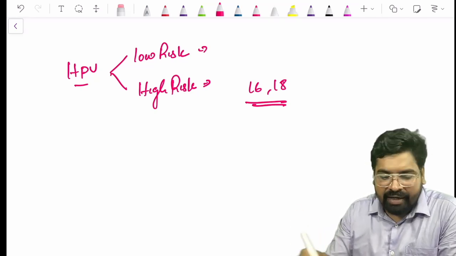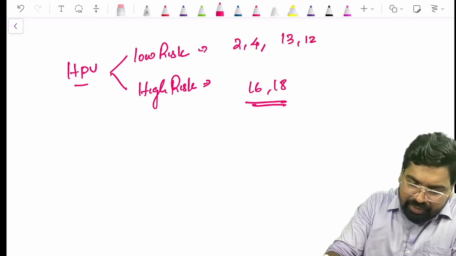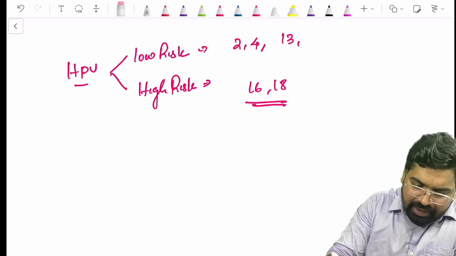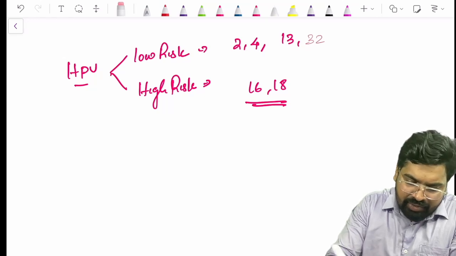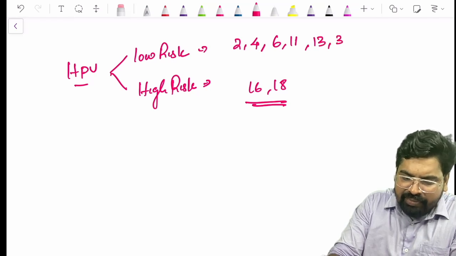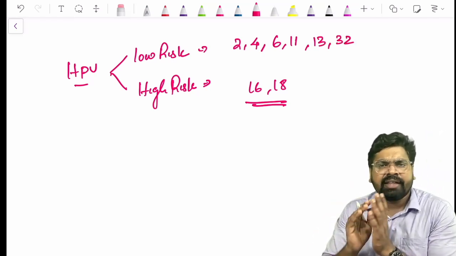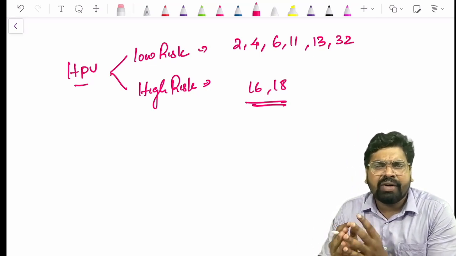In the low risk category, you have HPV 2, 4, 6, 11, 13, 32. Just remember they are the low risk viruses which can make only benign lesions.